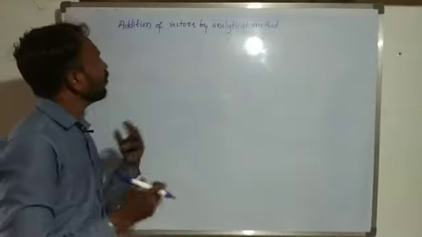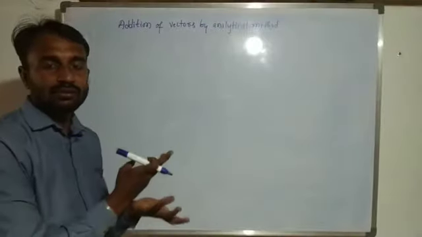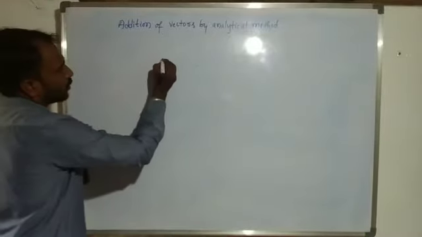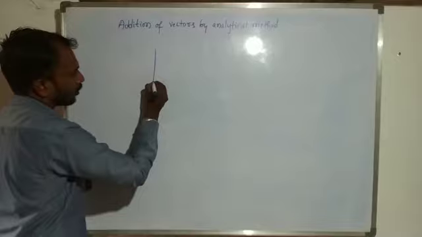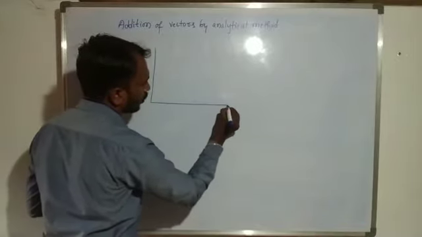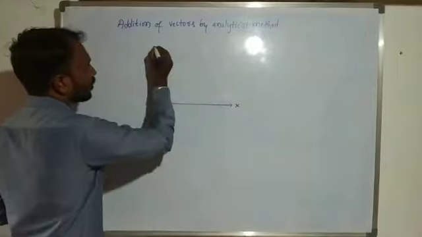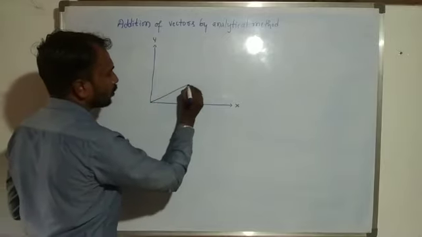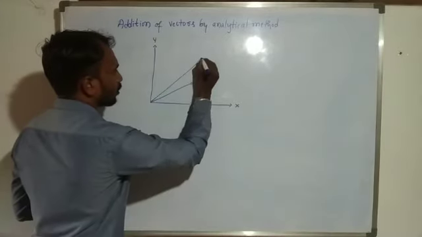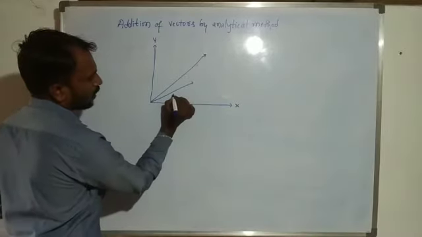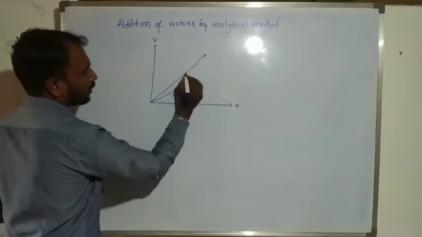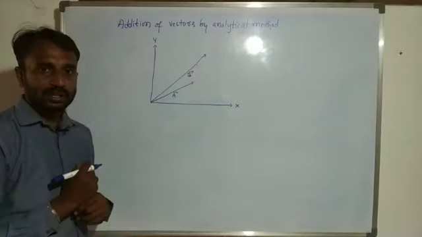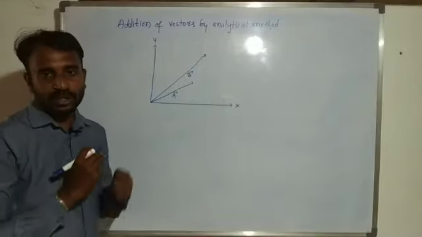It means adding two vectors, vector A and vector B, to get a resultant vector. Suppose we have an x-axis and y-axis, and we consider two vectors: this one is vector A and this one is vector B. Vector A and vector B are present in the xy plane.